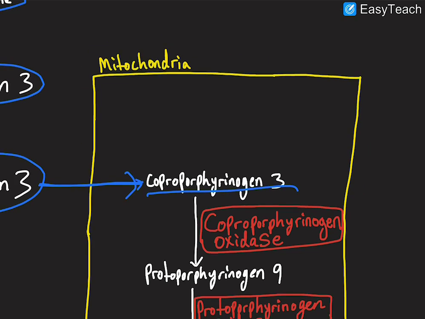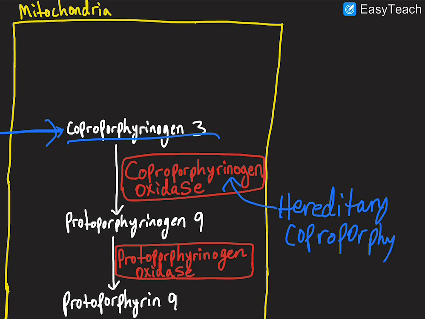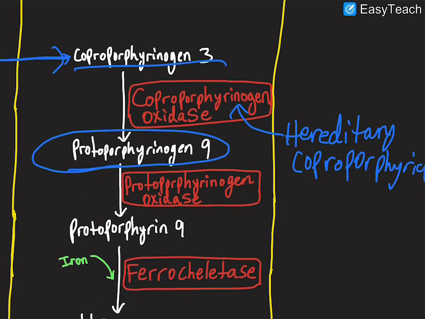If coproporphyrinogen oxidase is defective, then we get coproporphyria, specifically hereditary coproporphyria.